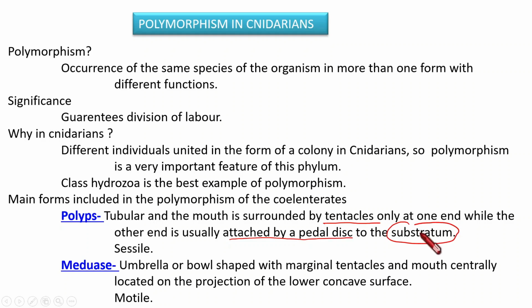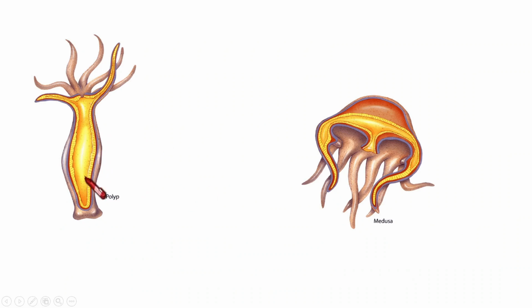So it is tubular, it has a mouth, tentacles are there at one end, and it is attached to the substratum using its pedal disc. I will show you an image of the polyp. So this is the polyp. At one end we can see the tentacles, and using the basal disc it is attaching to the substrate.